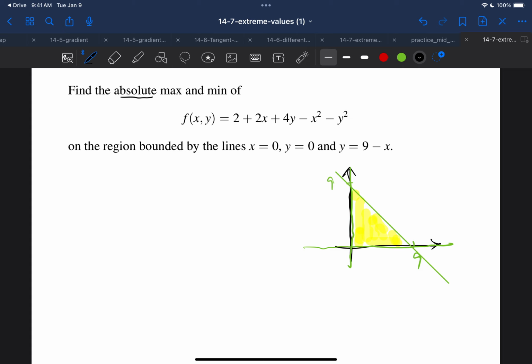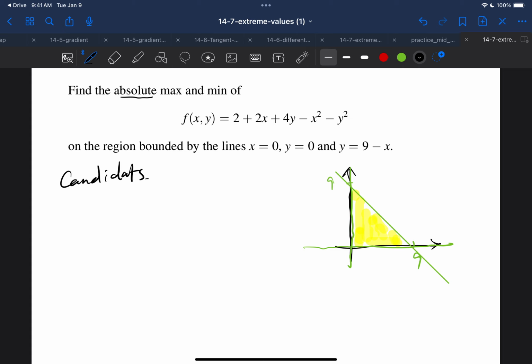So the candidate points we're going to find: first we have boundary points as candidates. There are three sides as the boundary of the triangle.